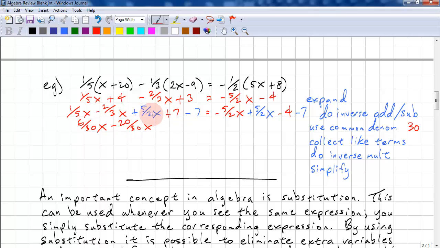We have to multiply this by 15 over 15. So that's 75 over 30. And these two cancel out, and we have minus 11. Add the numerators, because we have a common denominator, and we get 61 over 30x.